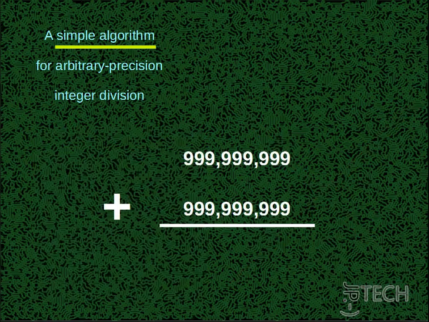For addition, the steps are very simple. We learned this in elementary school. We take the first 2 digits on the right and add them together. If the result is greater than 10, we carry the 1. We then add the carry into the next set of digits. We repeat this process until we have our answer.